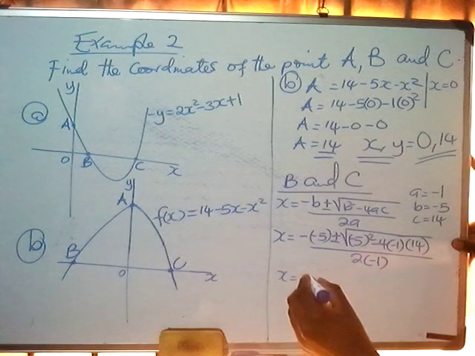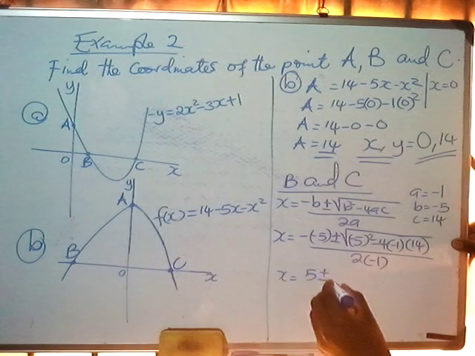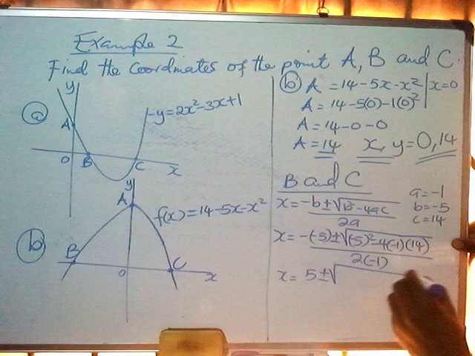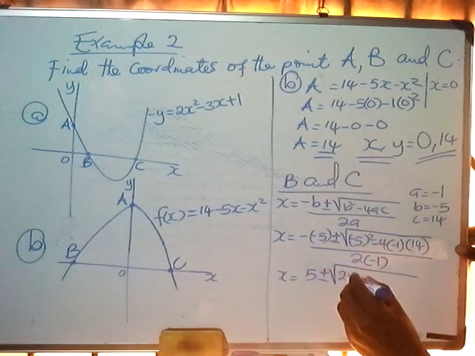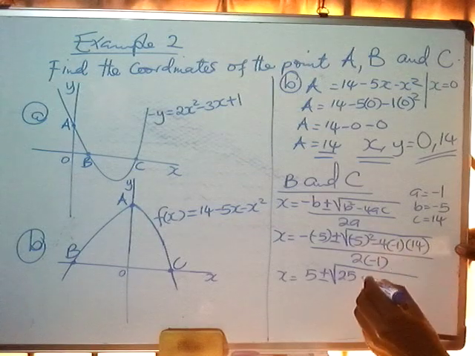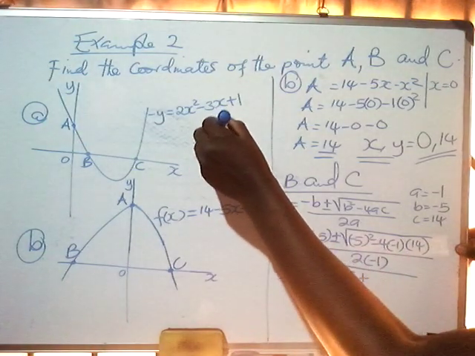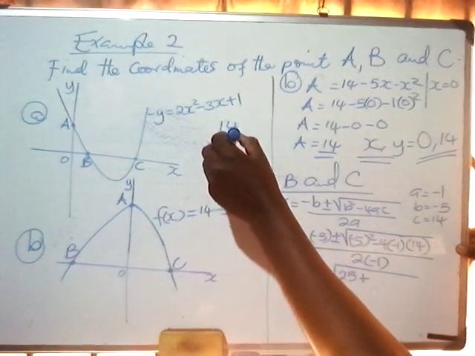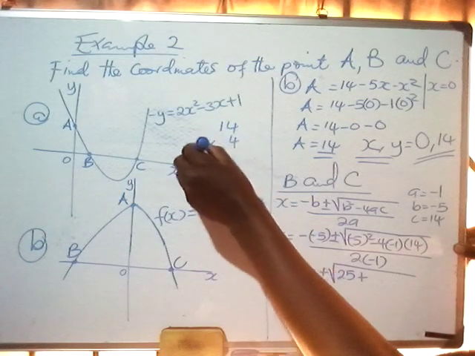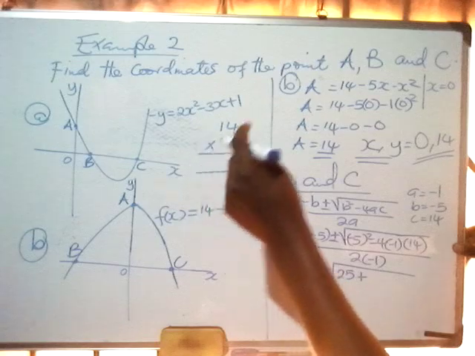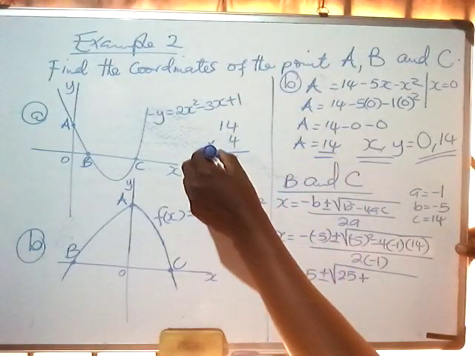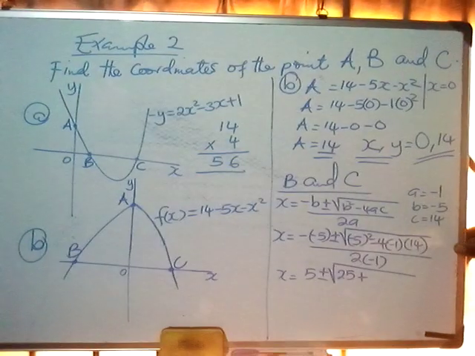So x will be 5 plus or minus, what is negative 5 squared? The answer is 25. This one will be plus. Now what is 14 multiplied by 4? It will be 56.